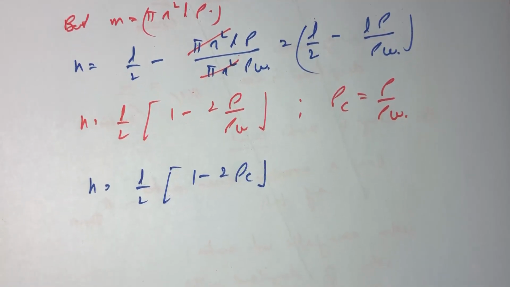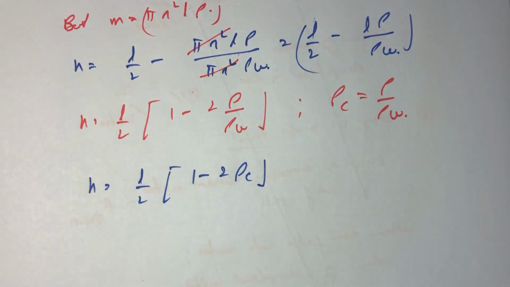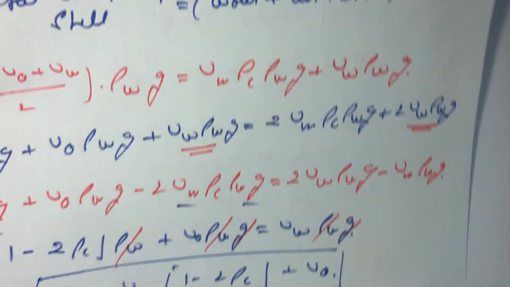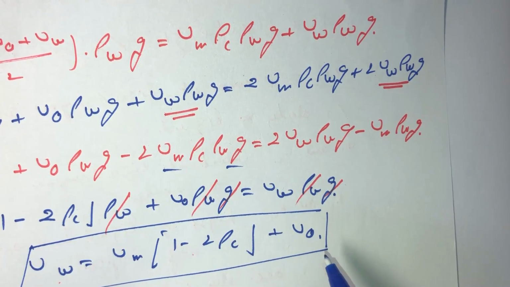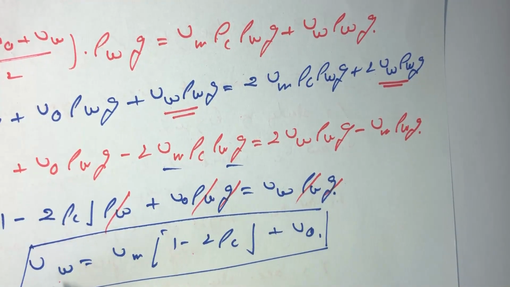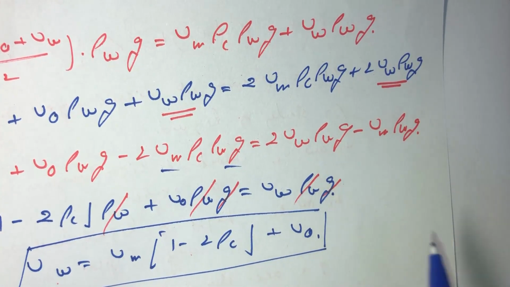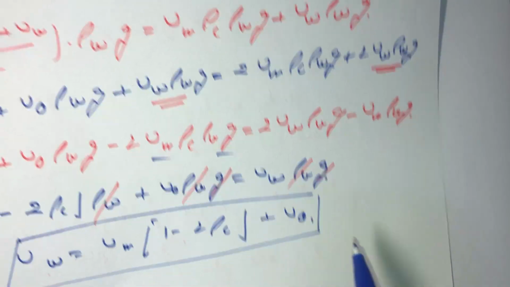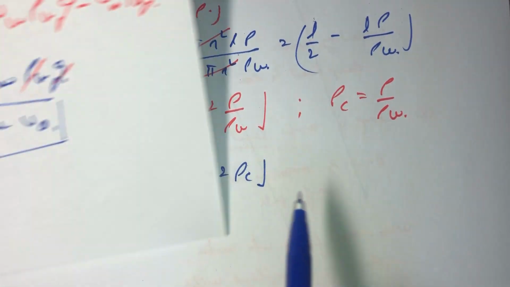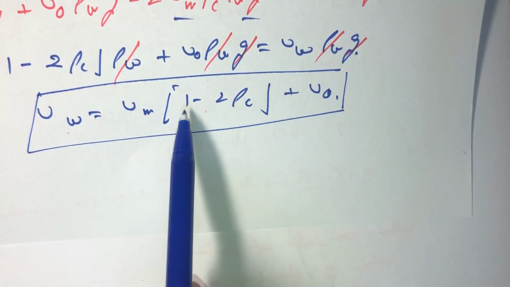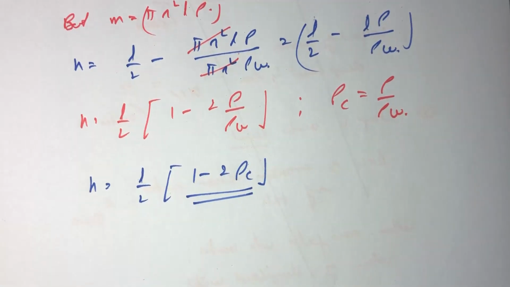Once again, the only difference between this equation and the previous equation is the volume of the air. This equation is entirely in volume form, and that can be converted into height as well as length. The major comparative expression is 1 minus 2 rho c, which is also present here.